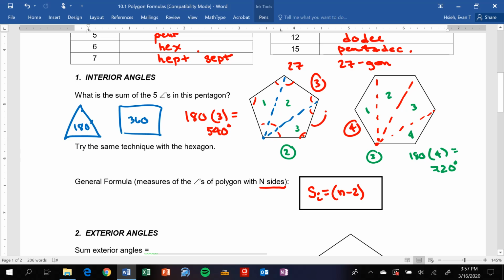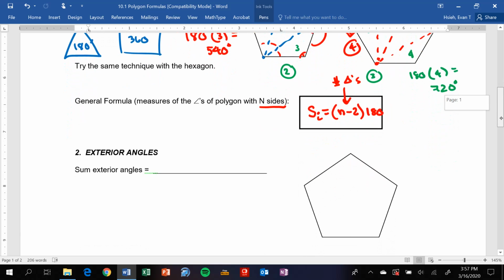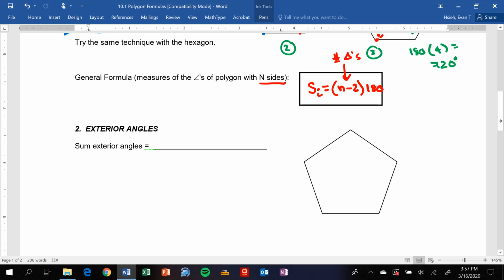Because for a pentagon it was 3, for a hexagon it was 4, so it's going to be n minus 2, the number of triangles, times 180 degrees. And that gives you the sum of all the interior angles of a polygon.